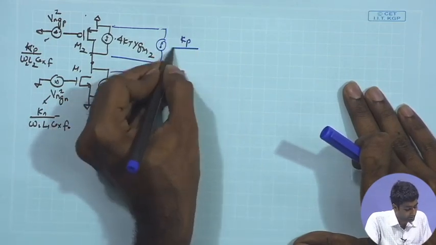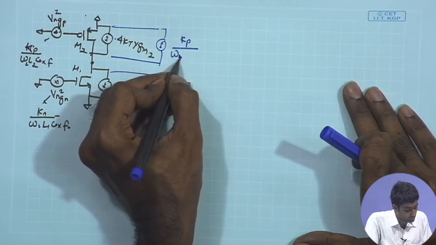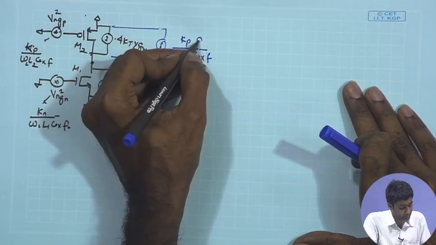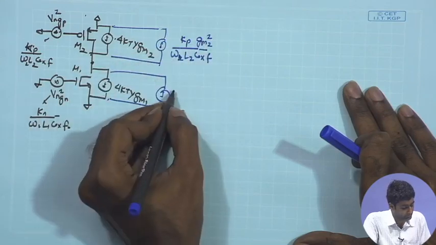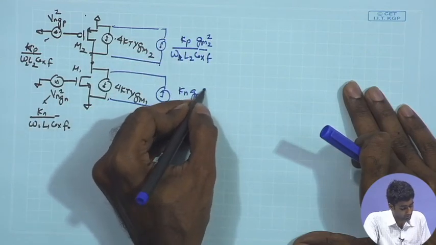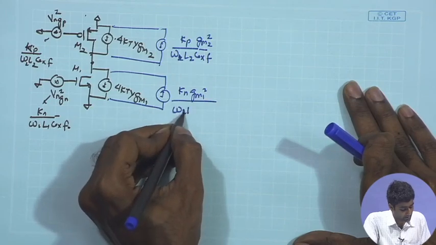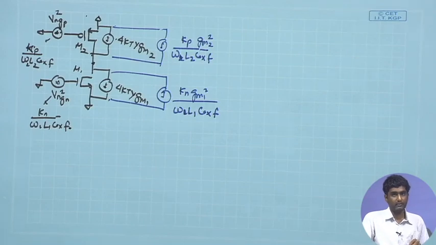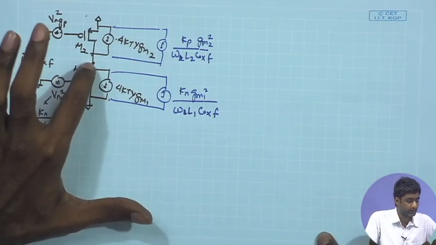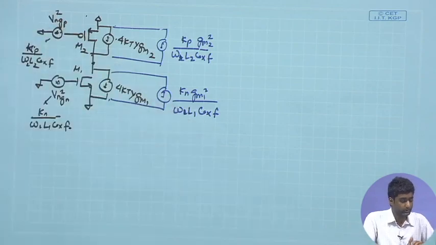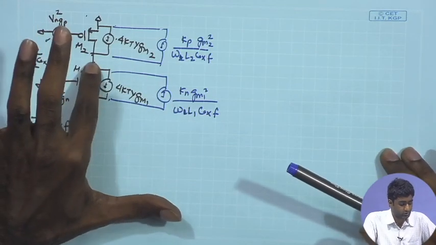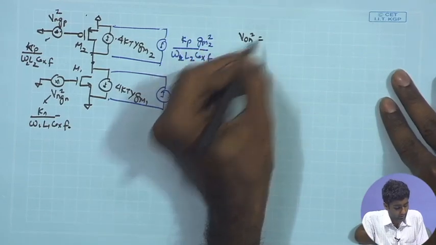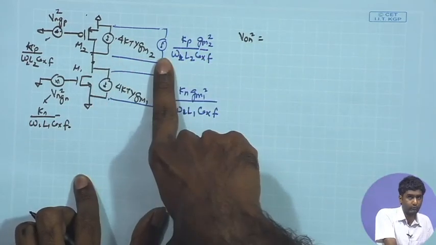This becomes Kp upon W2 L2 COX F times the GM2 square, and likewise this becomes Kn GM1 square upon W1 L1 COX F, and ultimately we have the same scenario as the previous case, and what we are going to do is get the total output voltage VON square, which is going to be the combination of all these 4 noise currents.